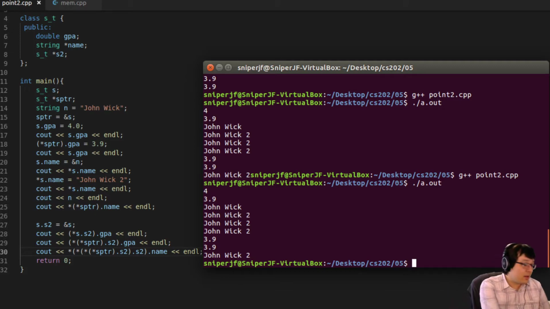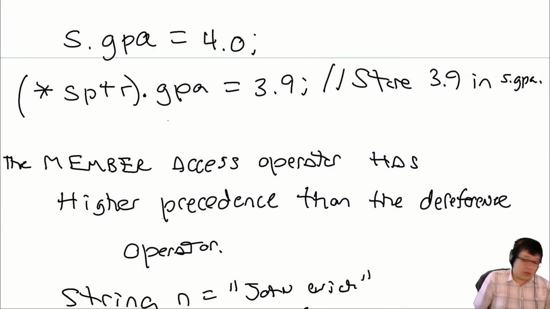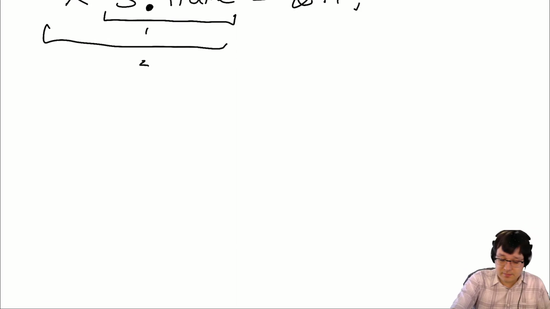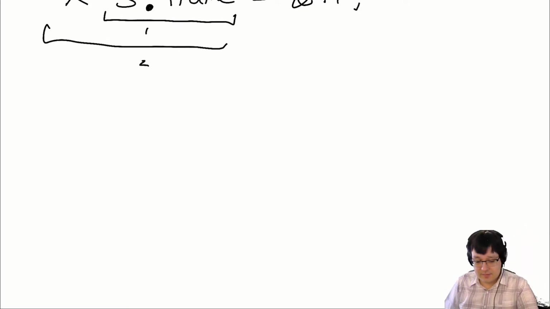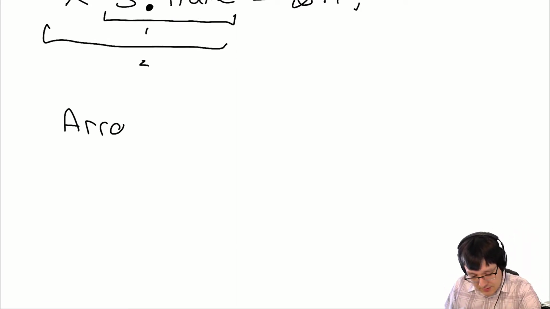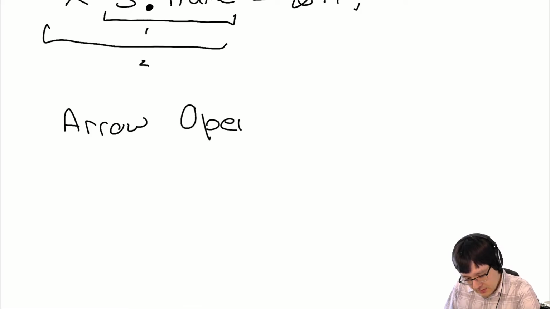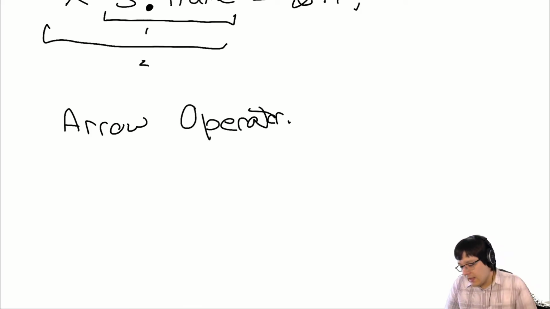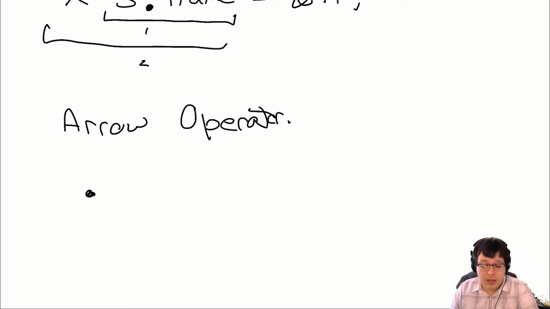So what is the arrow operator? In C++, the member access operator is actually called the dot member access operator. And it's because we also have now the arrow operator. The arrow operator, first of all, it's made up of two symbols.